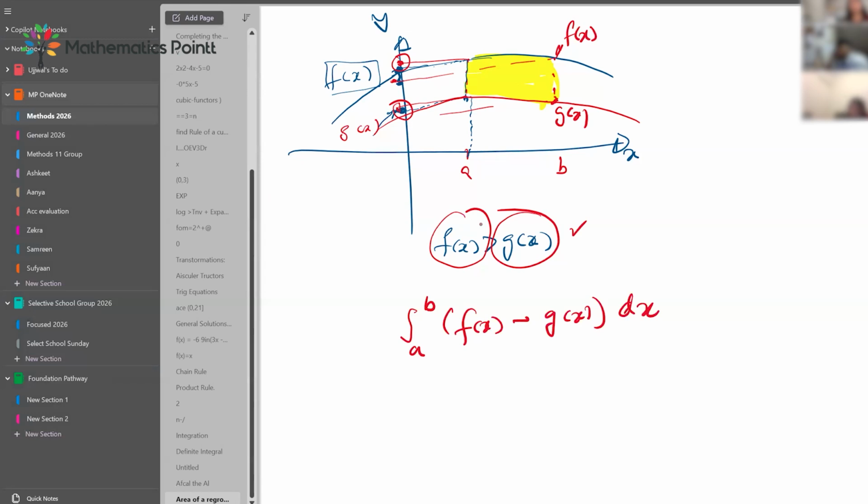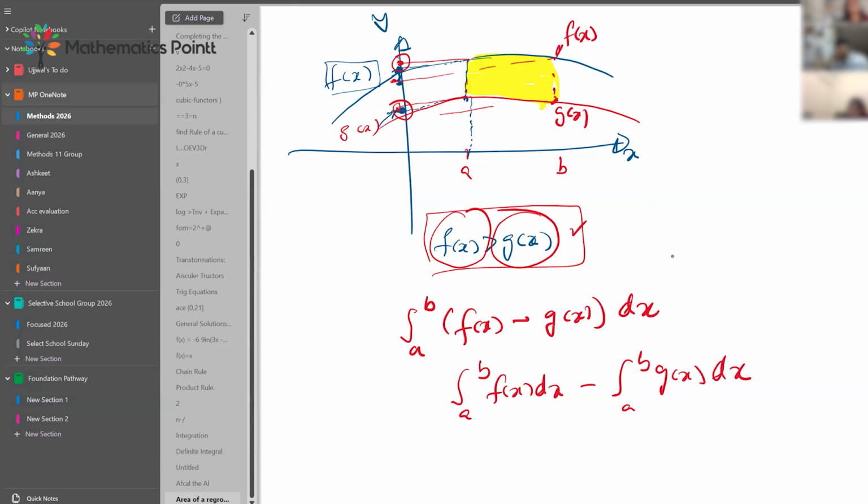As simple as that, where f of x is greater than g of x. Or I can apply the integral rule and split the integral. It's very, very simple, right?